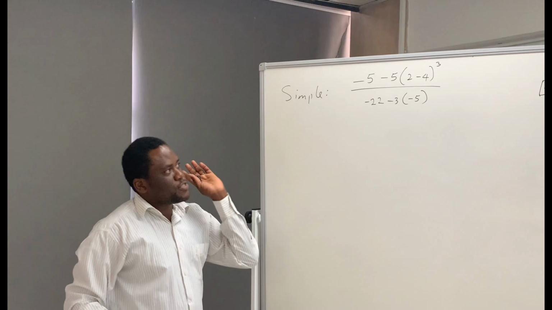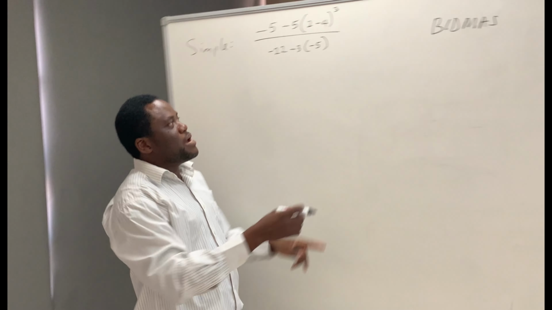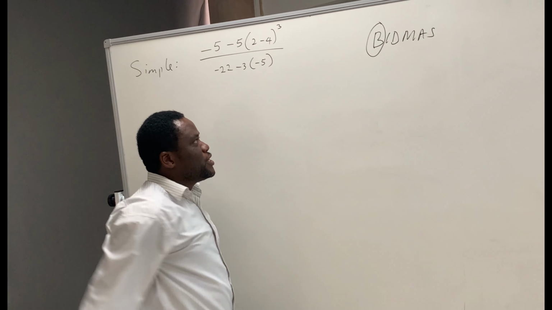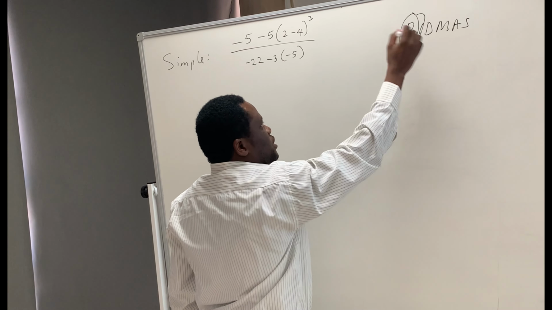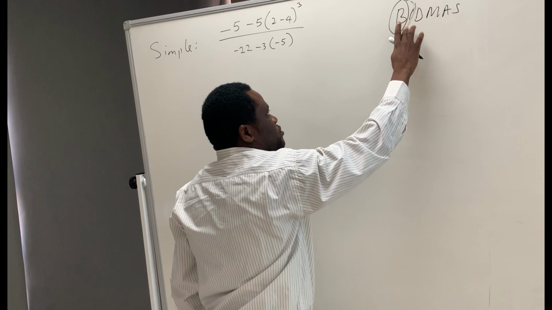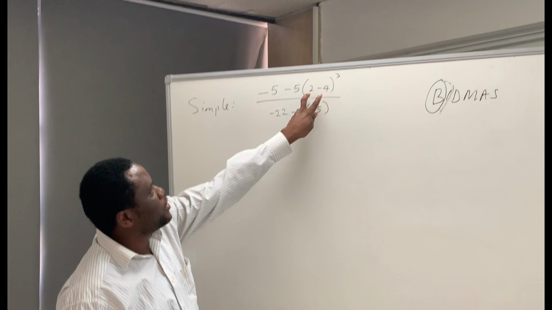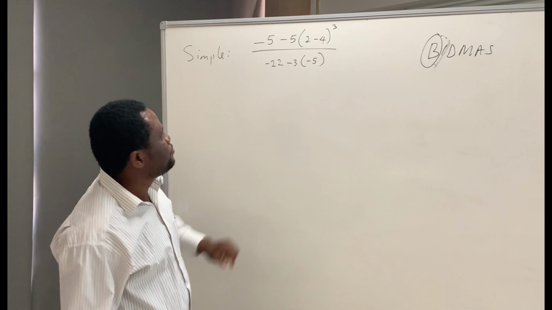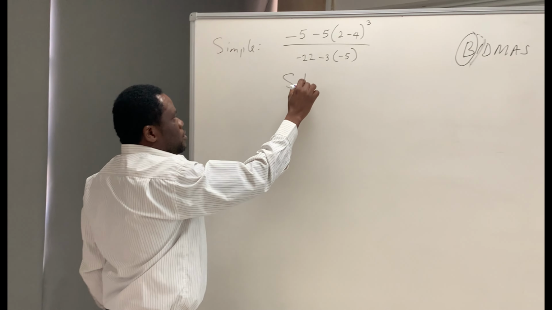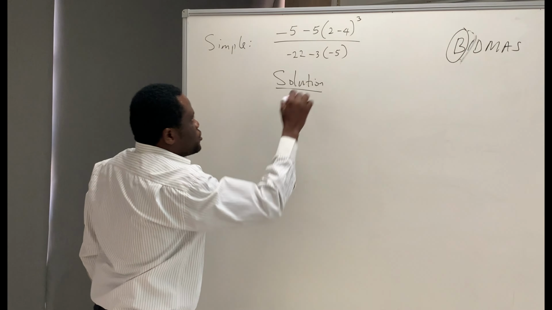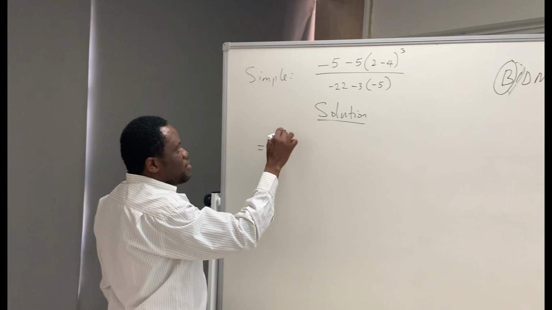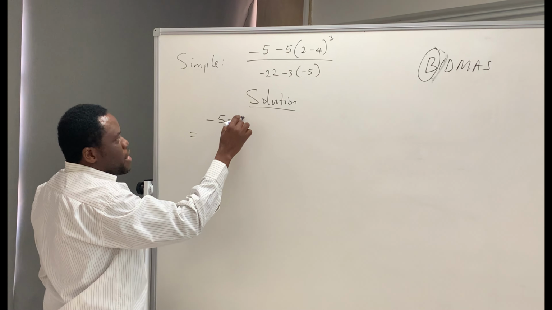So, first, go to the brackets. Anything in brackets, go and open it. Let us do all. So, bracket first. Bracket is here. So, let us deal with what is inside the bracket first. So, let's write. We have minus 5, minus 5.